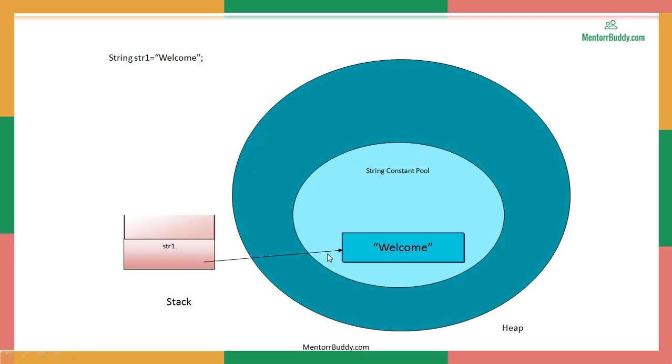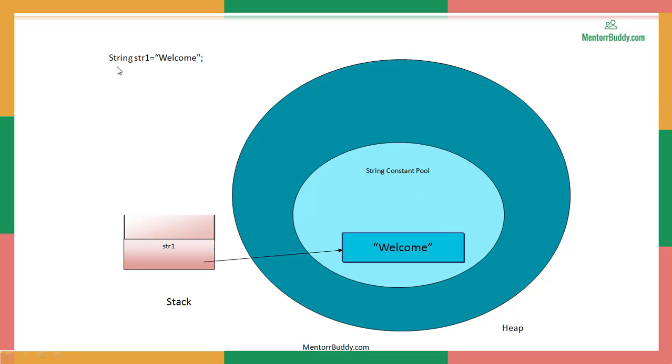So let us take an example of this literal mechanism. This is how memory allocation takes place when we create a string using this mechanism. Whenever we use the literal mechanism to create a string object, the JVM will first perform a search in SCP. SCP is a special memory area within the heap memory. All the string objects created using the literal mechanism are stored in this SCP.